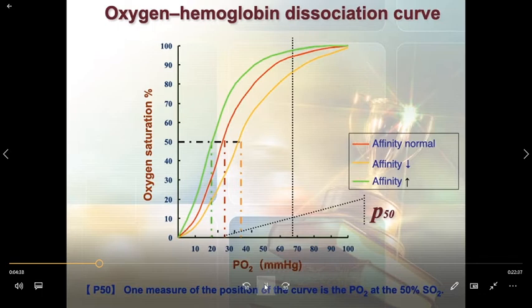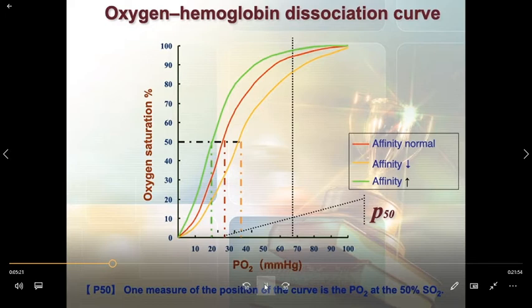Is it a good thing or a bad thing for the oxygen to dissociate with hemoglobin very quickly, to be more prone to dissociate with hemoglobin? Consider the whole transportation process. You may say it's a good thing. At the tissue end, yes, it is.